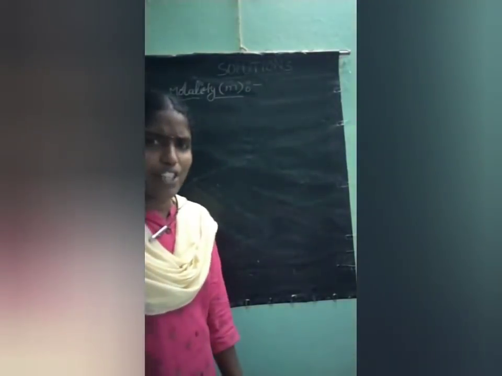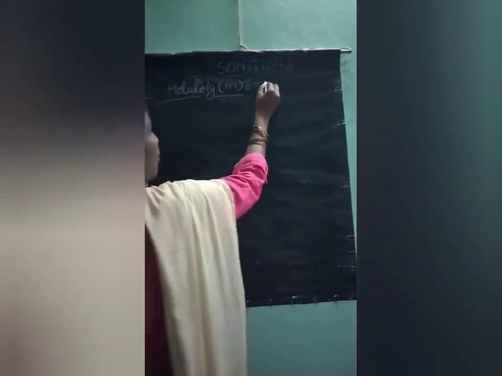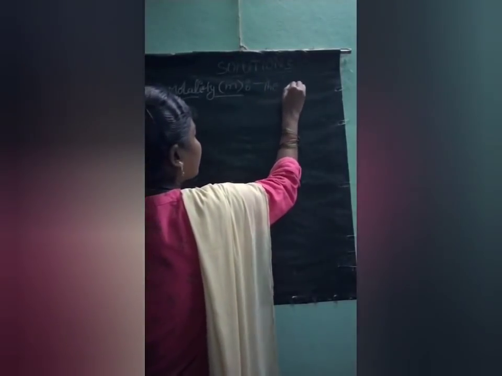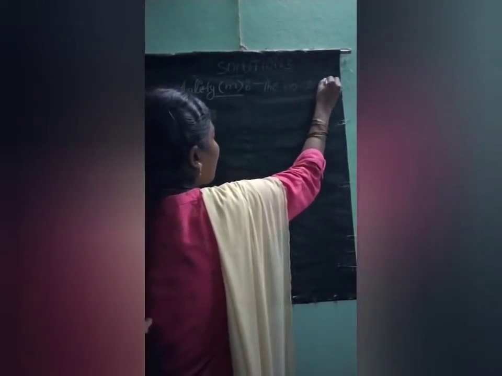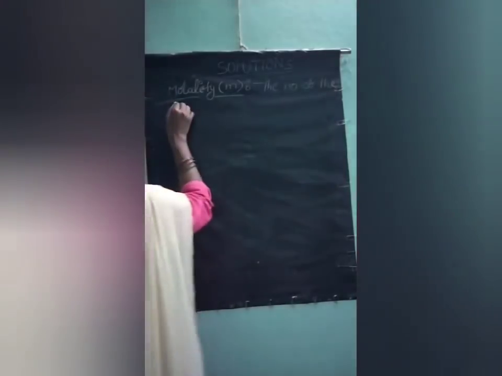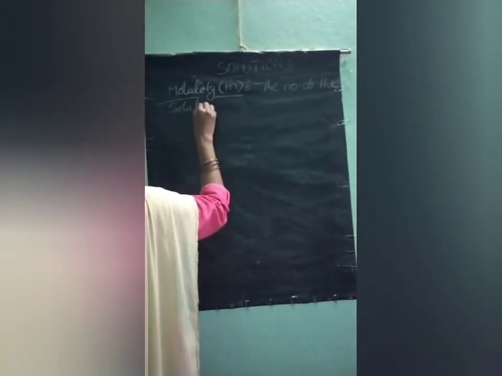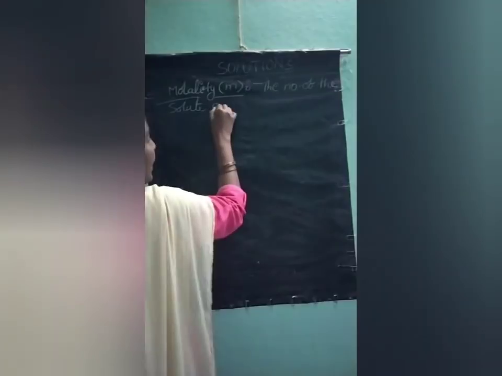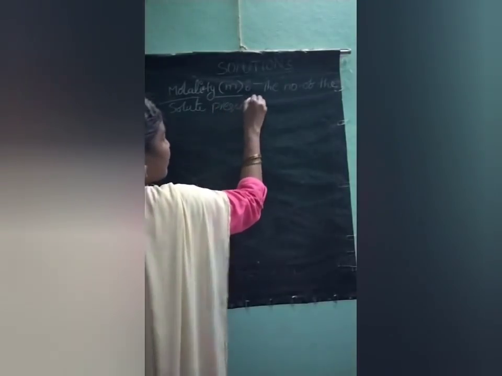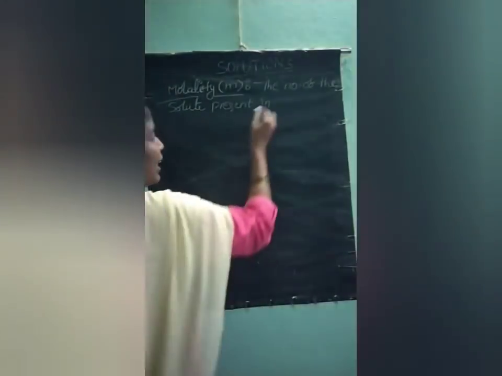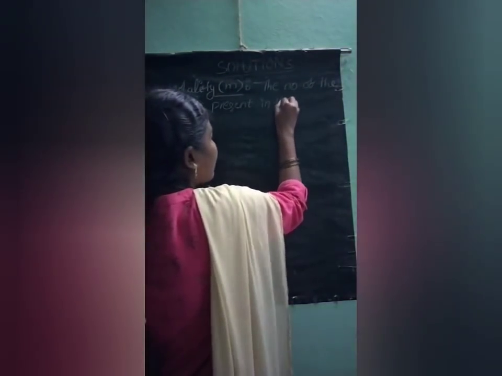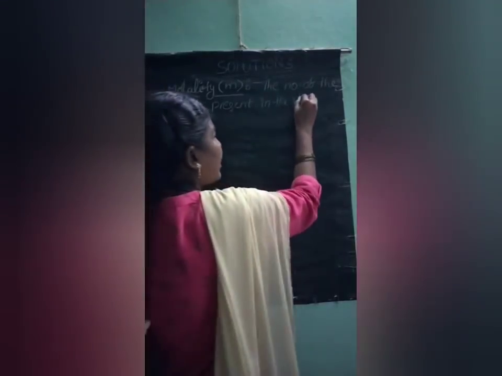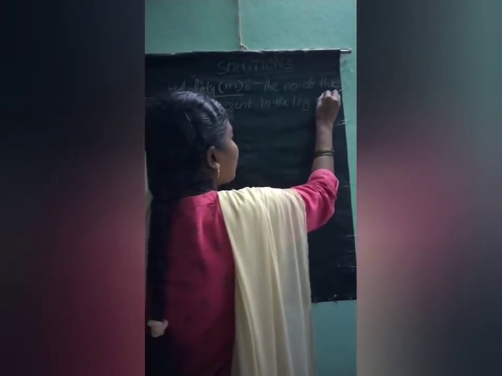What is the definition of molality? The number of moles of solute present in 1 kg of the solvent.